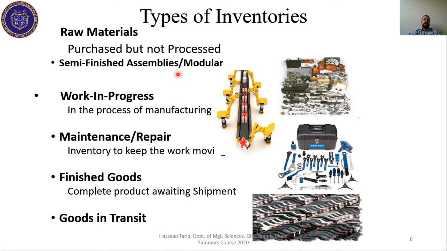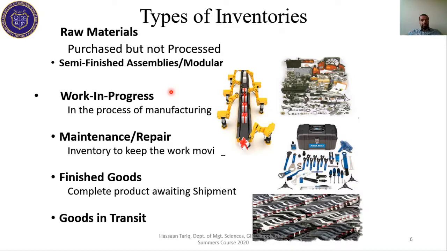The engine has pistons, belts, ignition, and all the electronics that control the timing. All that has already been manufactured by the supplier, and the assembler of the car is using it in a modular design. That is your semi-finished assembly, which has not been finished, but is ready to be assembled or fitted into some sort of product.